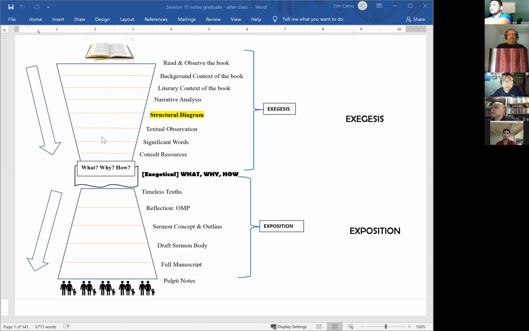We are still focusing on the tools to assist us in diagramming so that we can see the structure of a passage, which will then help us in figuring out the author's intent, what he's trying to communicate. The tools for this are essentially looking at grammar, how sentences work, how phrases and clauses within those sentences work.